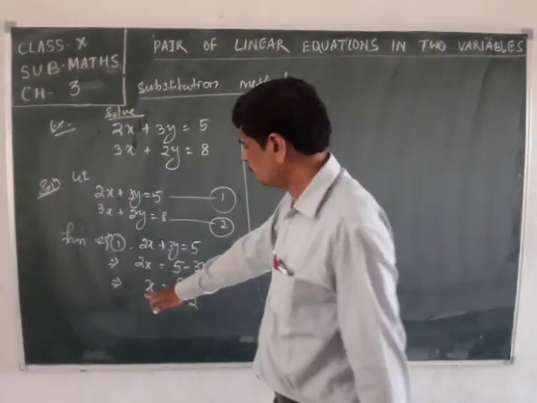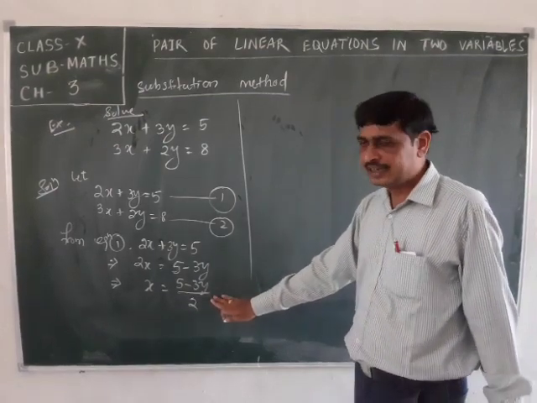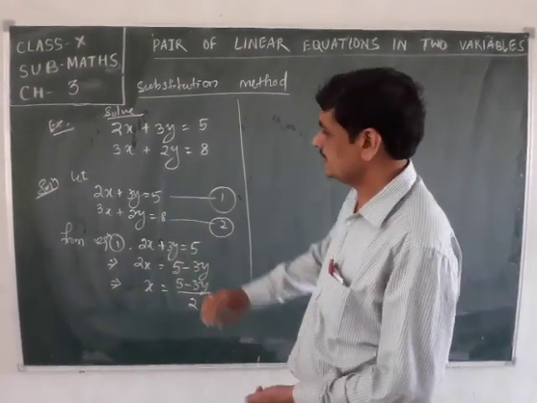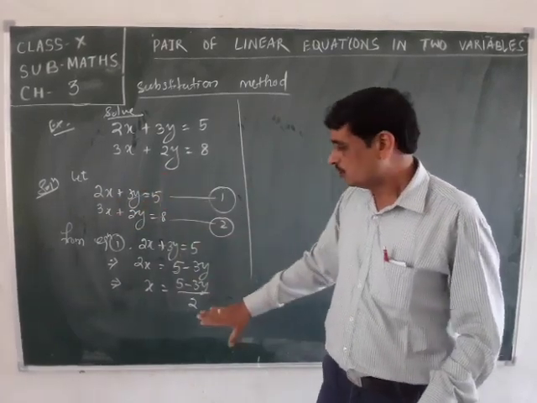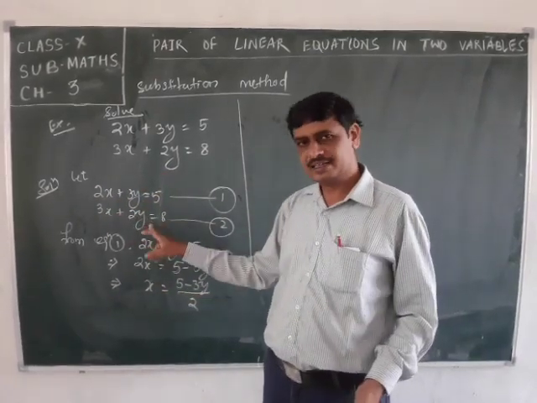Next, we have to put this value of x in equation 2. Since the value of x is obtained from equation 1, we have to put this value in equation 2.